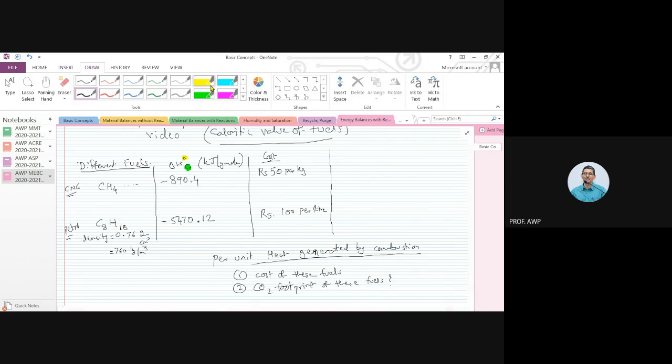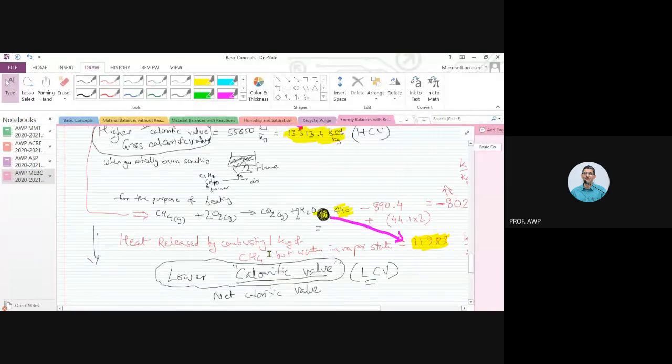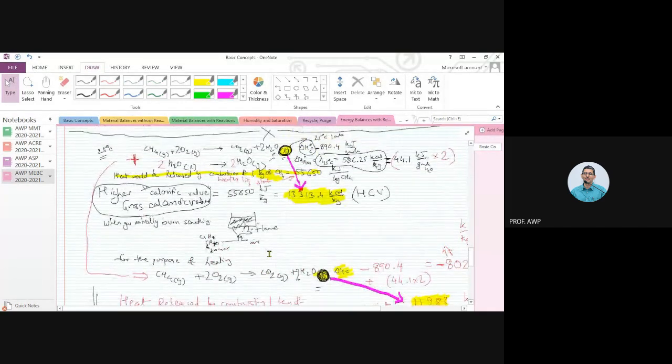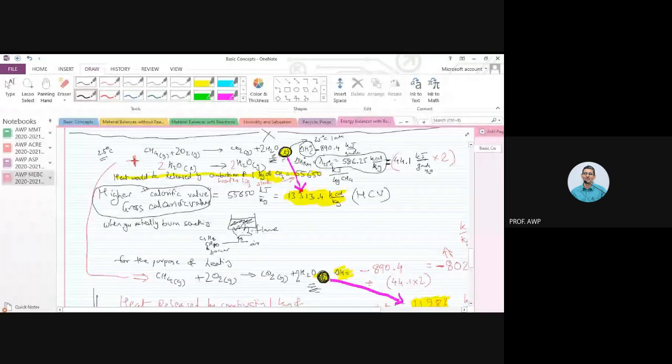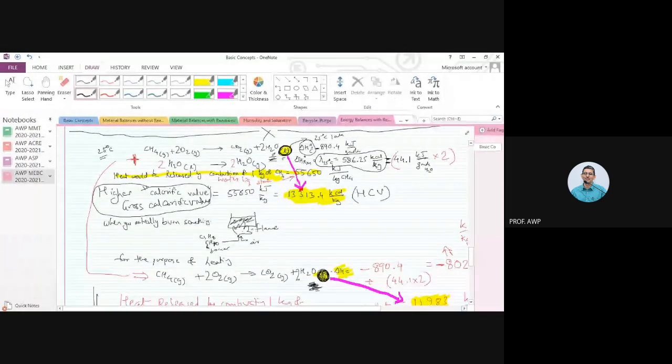So that's the difference from the standard heat of combustion. Remember what we talked about: standard heat of combustion has water in the liquid state, whereas actually when you burn something, you get water in the gas state. So to that extent, less amount of energy is available.